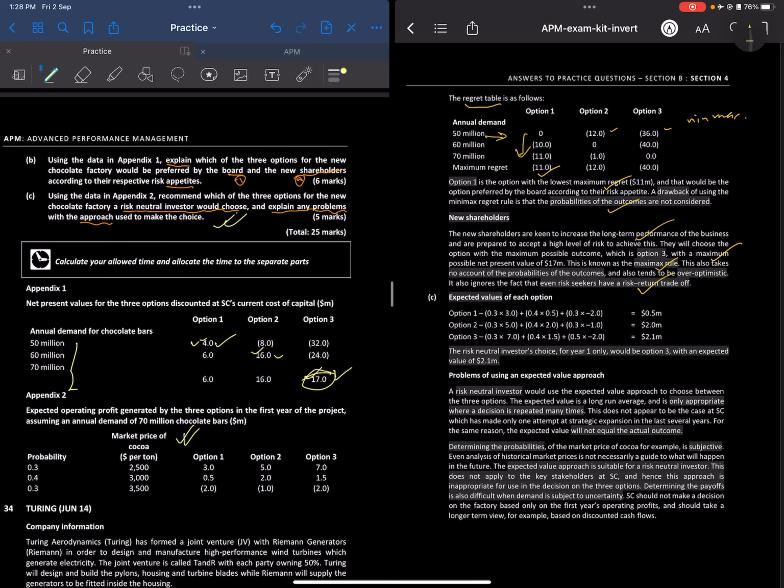So 3 is our expected value, the profit generated by the 3 options in the first year. Okay, so 3 is the profit, and then the probability is 0.3. So 3 into 0.3 plus 0.5 into 0.4, right? And so 3 is gone over there.